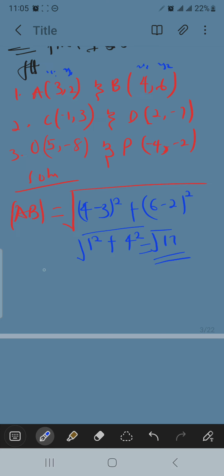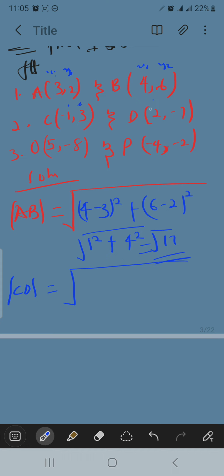The second one, we have CD. Now CD is going to be the square root of, this one is minus 1, 3 and 2, minus 7. Just pick any one. This one will be x1 y1 and x2 y2.